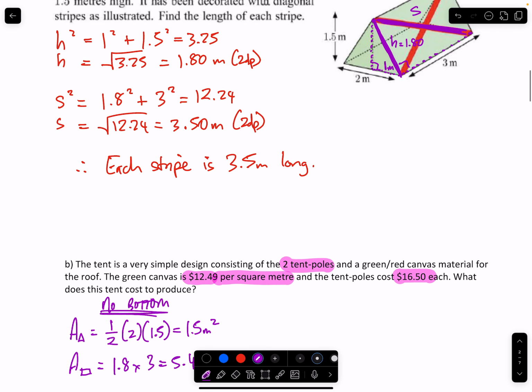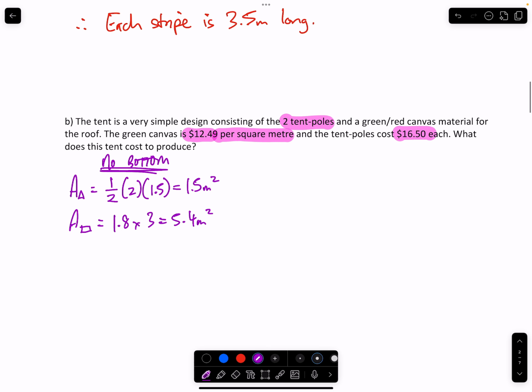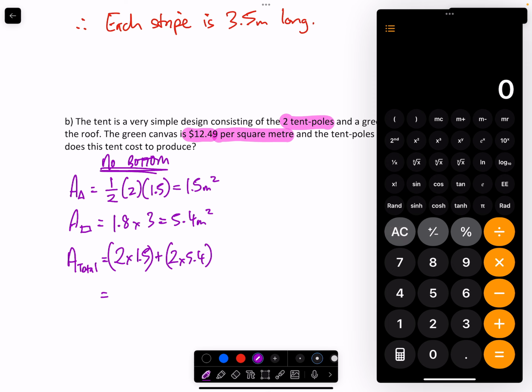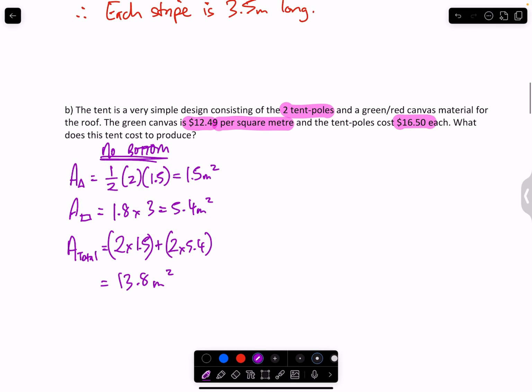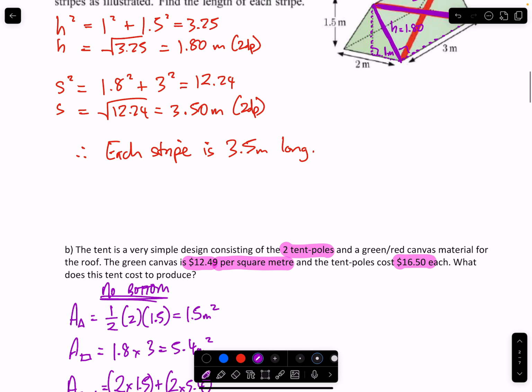So if there's no bottom on this tent, the total area is 2 lots of 1.5 plus 2 lots of 5.4, which is 13.8 square meters. That is the area of canvas.